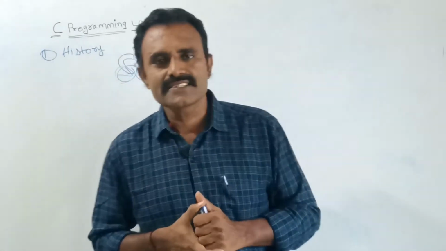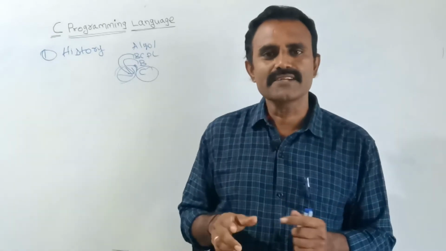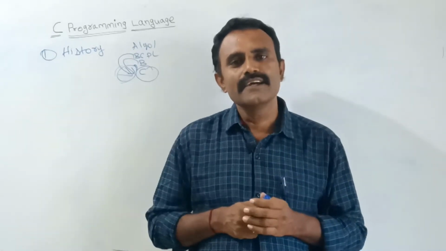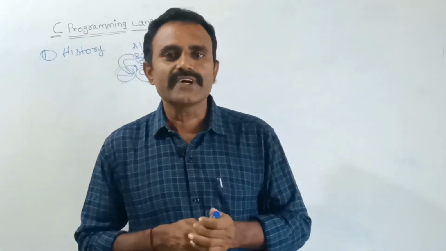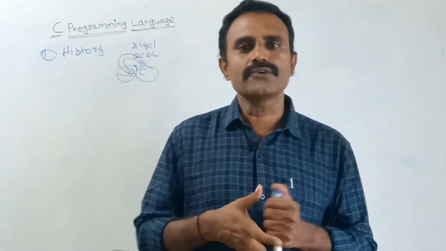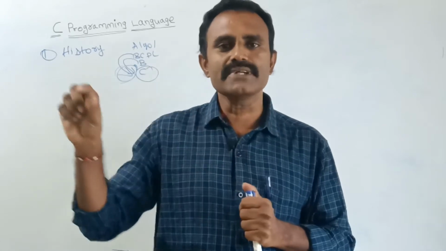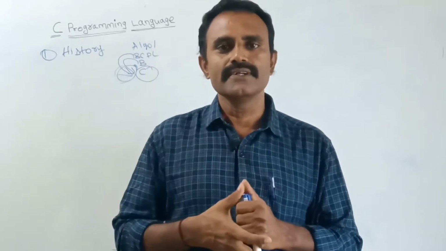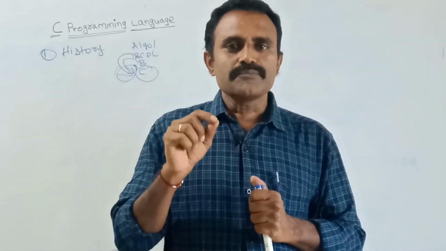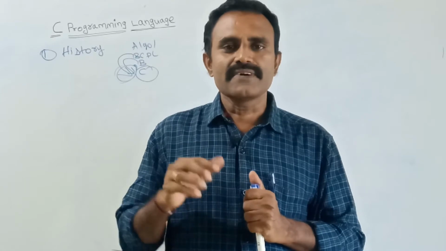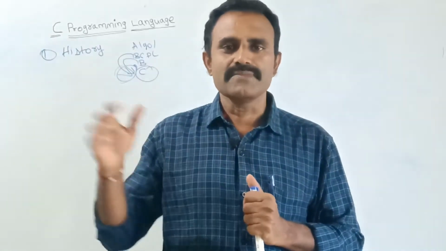Next, let us see what a statement is. A statement contains a number of tokens. For example, if I need to print the message hello world, there is a function, the printf function. With the help of the printf function we can display the message.